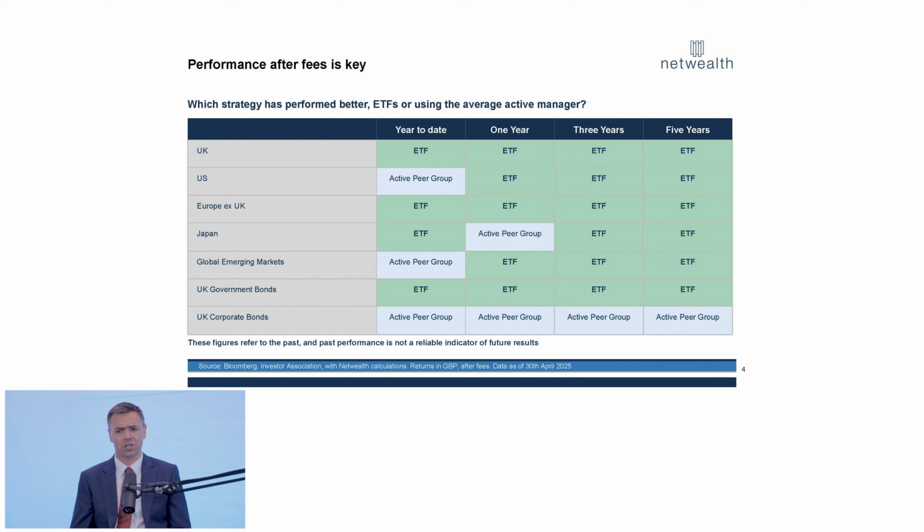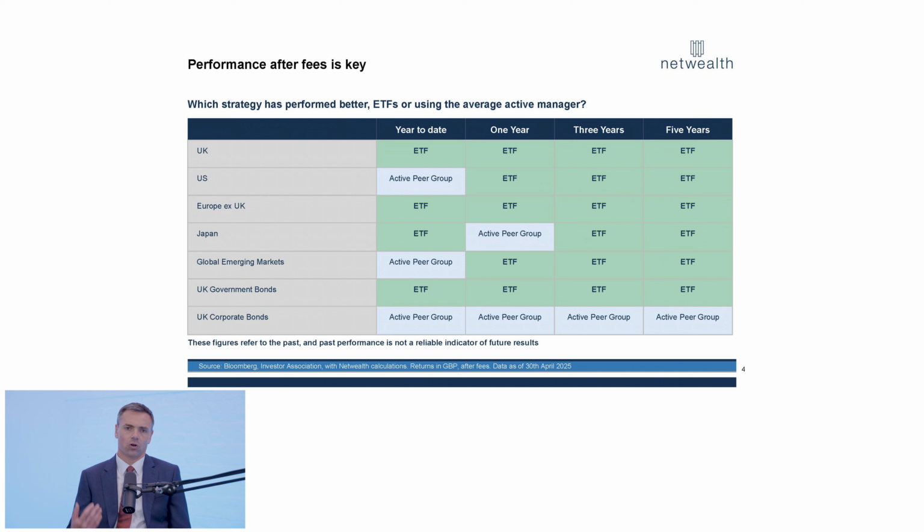So this is our own research. There's also lots of external research that supports the same findings. Indeed, there's a major study from a group called Spiva, which found that in the period since 2002, there were only 2 years, 2007 and 2009, where the average US stock picker outperformed an exchange traded fund.